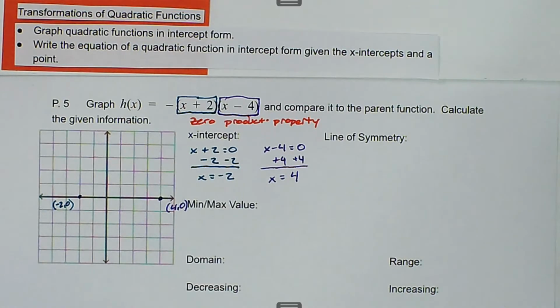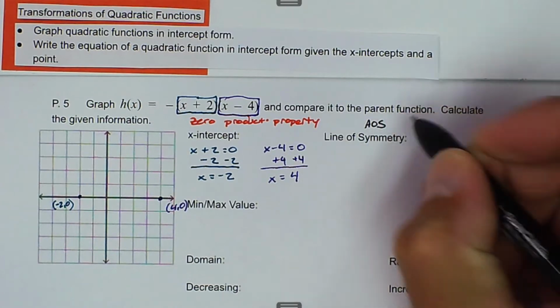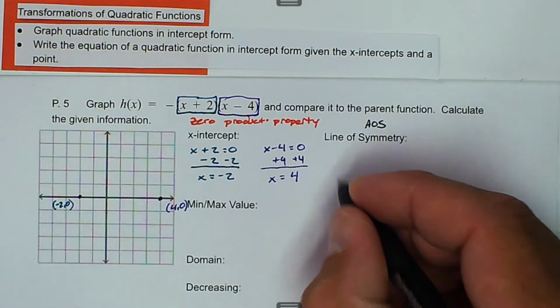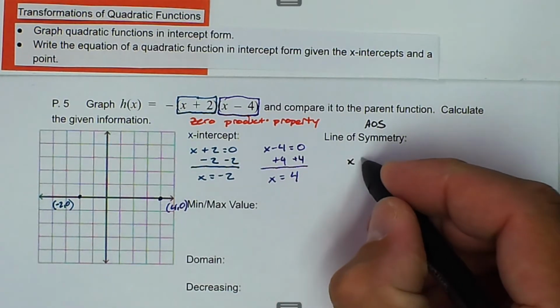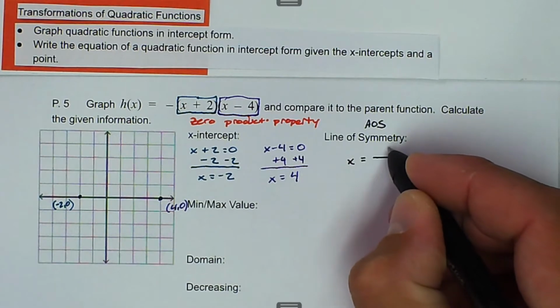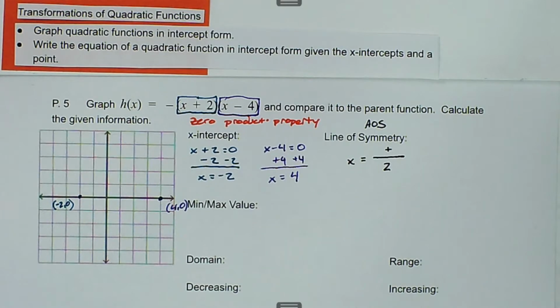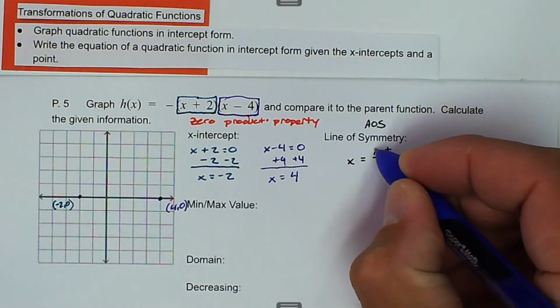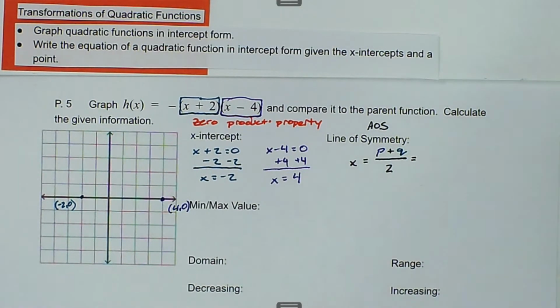Now the line of symmetry, or axis of symmetry, we calculate that from our x-intercepts. So x equals the divide sign always stays, the addition sign always stays, and we always divide by 2. The things that change are we are going to add the p and the q. So we add those together and take the average of those, and that will be our line of symmetry.